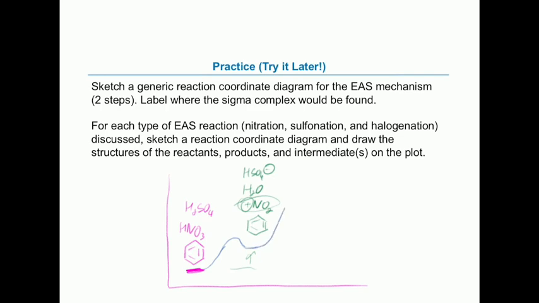So that now goes to our sigma complex. This would have a structure for nitration where we have our cation, NO2 and H. And then all of the components for mass balance are also in this complex.